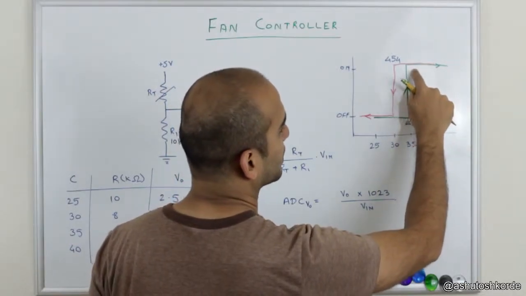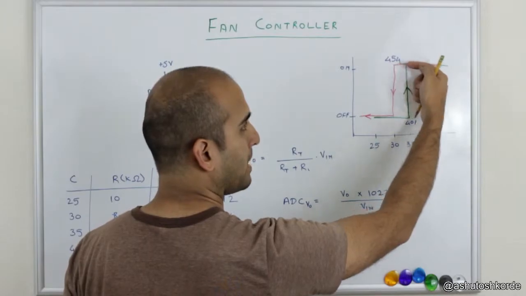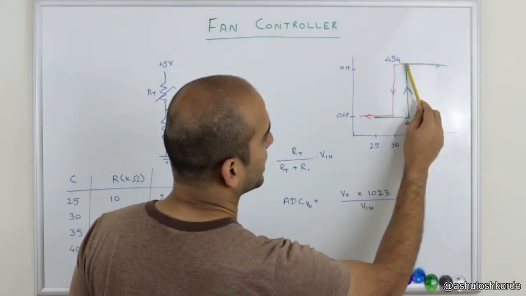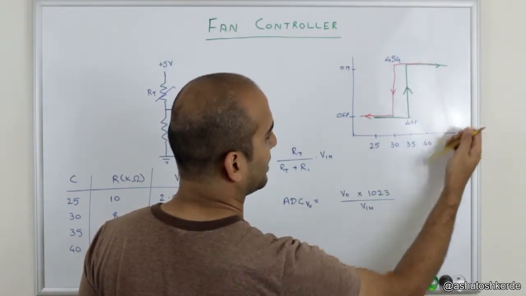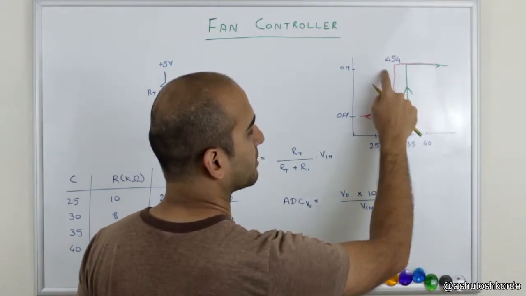Now hopefully when you turn on the fan, the temperature will start decreasing. When the temperature starts going down, we are not turning off the fan when it reaches 35 degrees or when the value reaches 401 or higher.